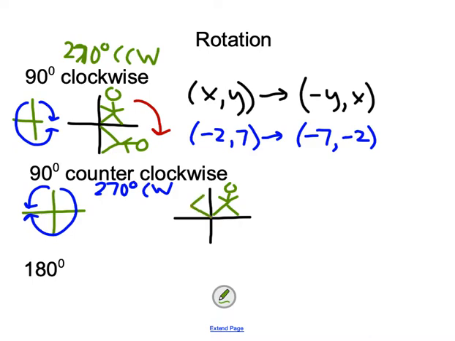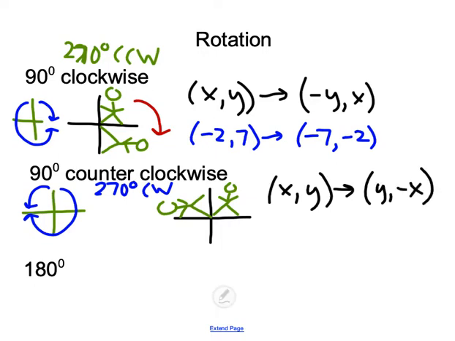It would be right here. It would be right there, 90 degrees counterclockwise. So then the rule you get is any point, you would do y, and then the opposite of x would put it in a different position. So for an example, let's just stick with that point -2, 7. Well, the y is a 7, and then the opposite of x, it would become a +2.